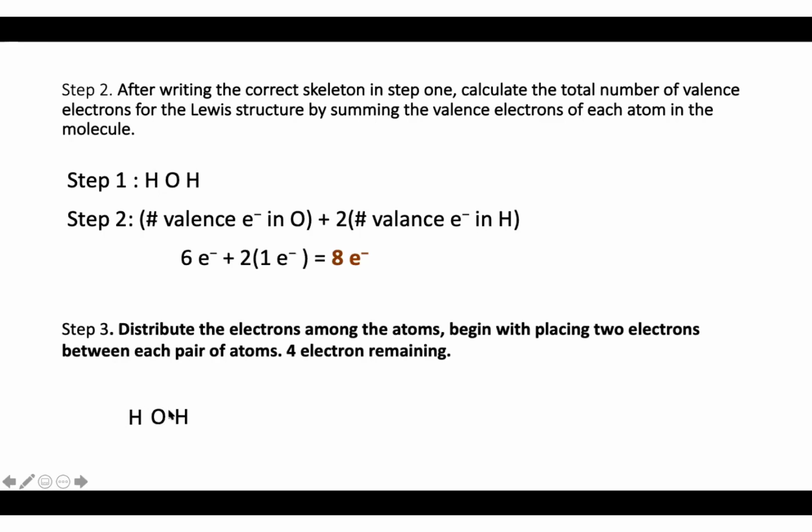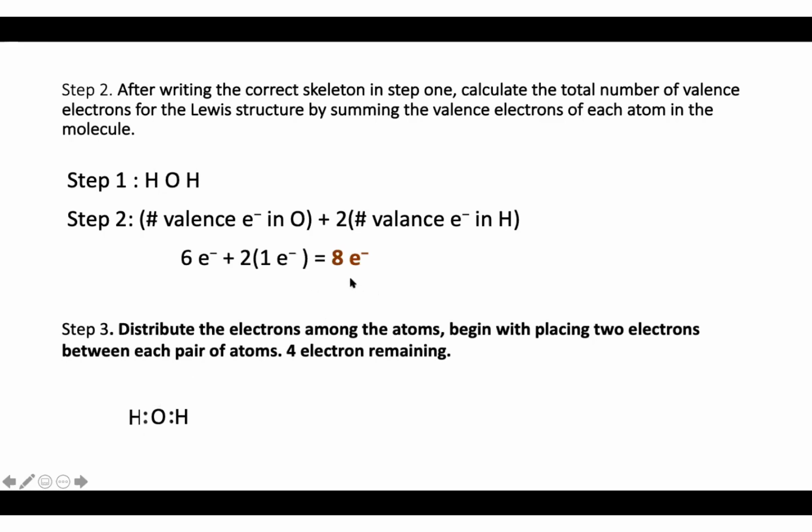Then I first put 2 electrons between each two elements, here between O and H. So I use 4 of the 8 electrons, and 4 electrons are left.